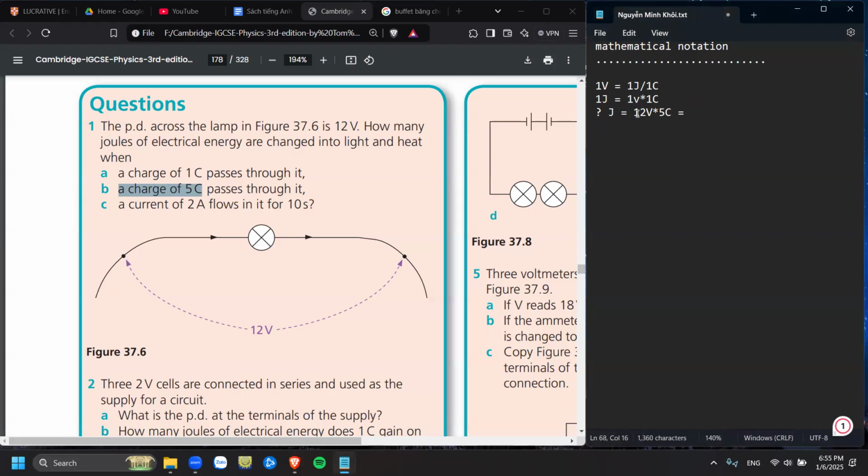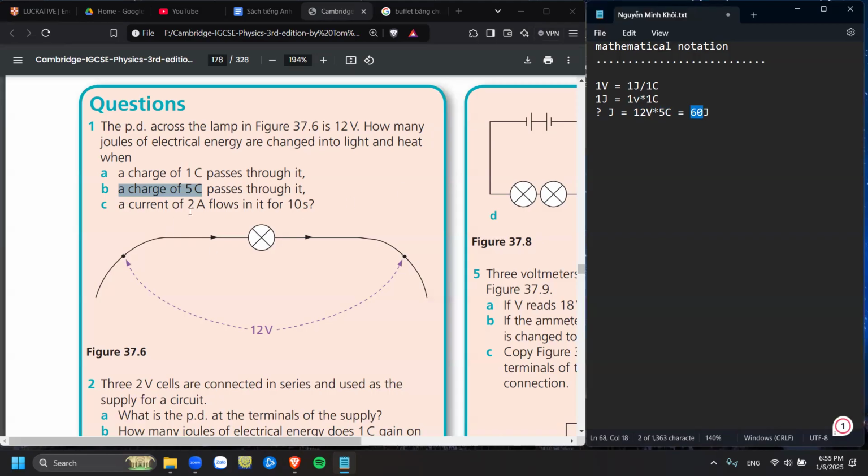It's 60. It's 60 joules, sorry, I miscalculated. So 12 volts times 5 coulombs, you get 60 joules to begin with.